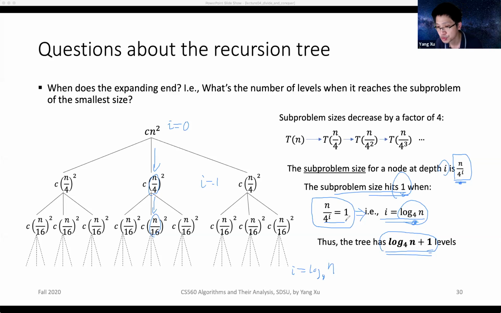Because we substitute n over 4 into the original recurrence. The original recurrence says that T of n equals 3 times T of n over 4 plus c times n squared. So we need to substitute n over 4 into that equation.